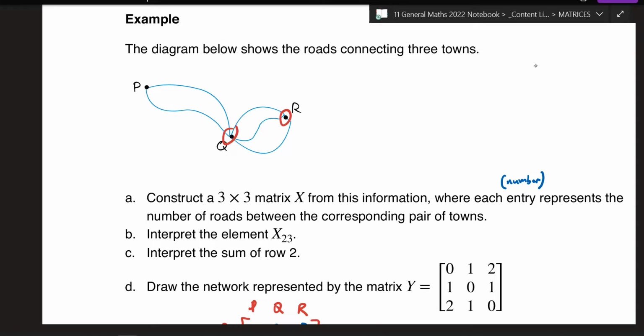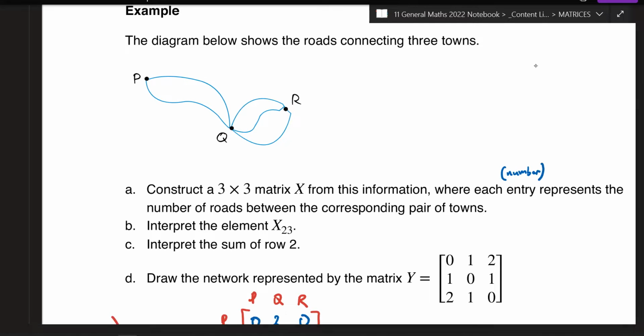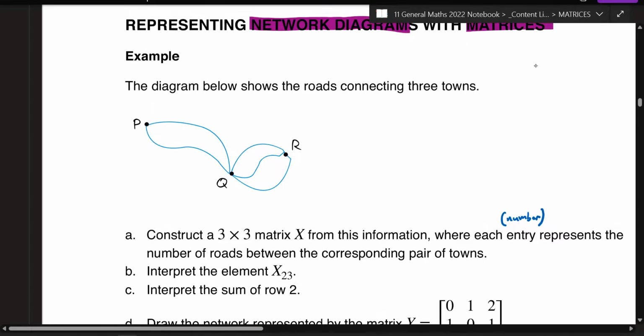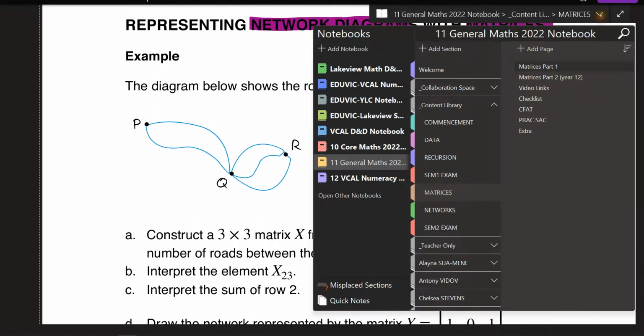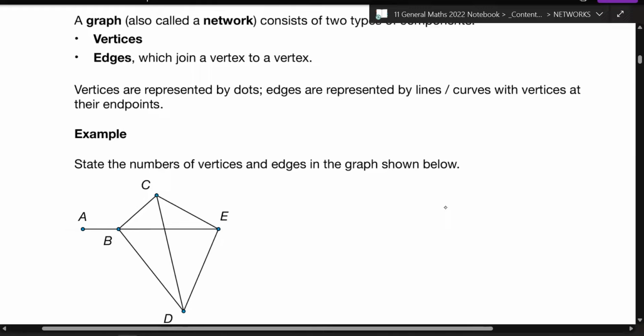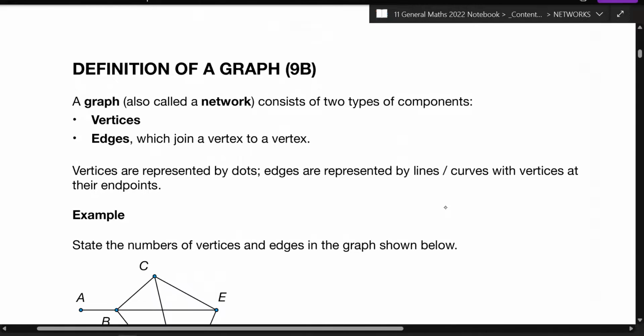If you press that button, this is what it'll show on the screen. So that's the basic concept of graphs and networks. Think of them as connections between places. That's the best way, because when we do networks in this topic, I'm going to be referring to that a lot.